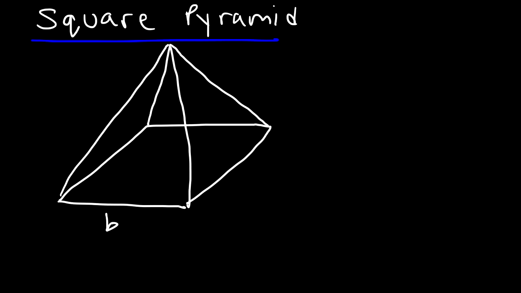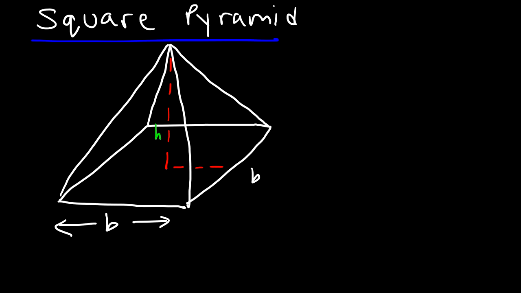So let's call this b, and this is going to be b as well. That's the length of the base. And here we have the height of the pyramid, which I'm going to call H.